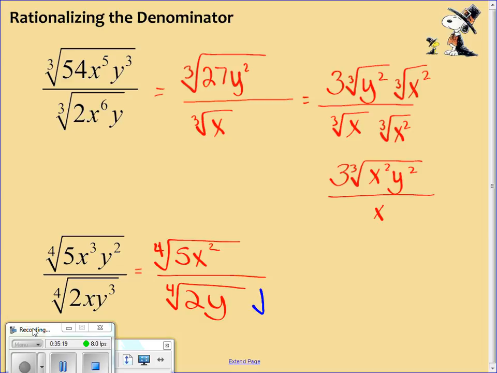So I need to multiply top and bottom by the 4th root of what? I agree with the y cubed. It's 8. Right now, this is 2 to the 1st. I need 2 to the 4th. So how many are you missing? 3 of them, and 2 to the 3rd is 8.